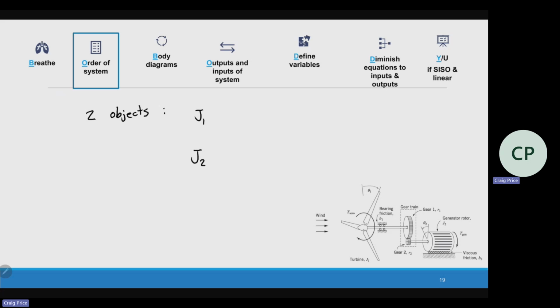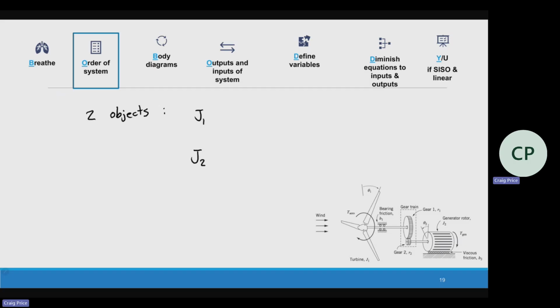And how many degrees of freedom does each of them have? Two degrees of freedom? Like it can move two different ways? Backwards and forwards. Now, is backwards and forwards 2 degrees of freedom or 1 degree of freedom?